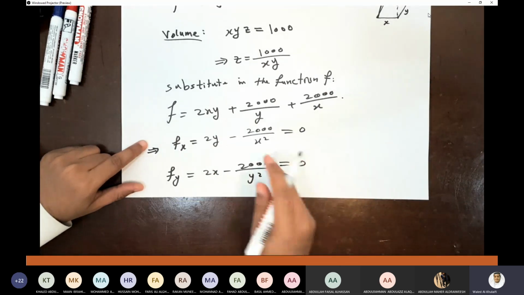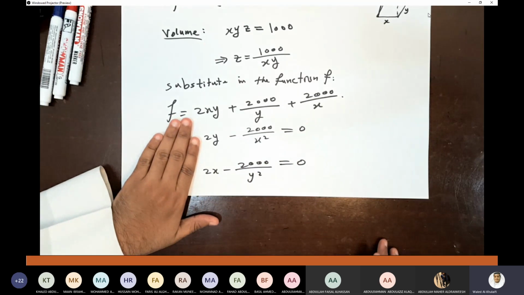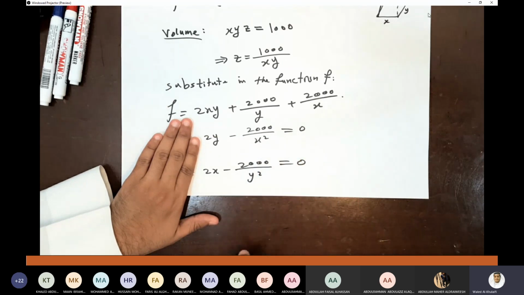Okay, I need these to be equal to 0. So how to solve this system of equations? How can we solve these 2 equations together? Any ideas? Yes, Walid? Make one variable in terms of the other. Very good.